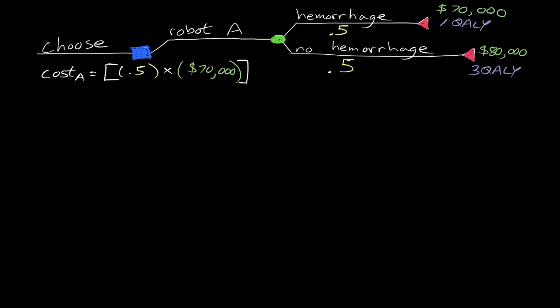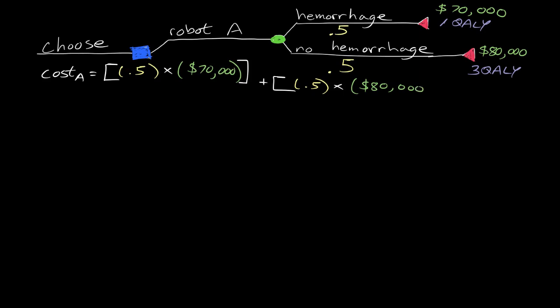Now the goal here is to take these 2 costs and these 2 qualities at the end of the robot A branch and average them back into a single cost for robot A. So I have it listed here as the cost of A. And you can see here what I'm doing is I'm multiplying by 0.5, but remember that multiplying something by 1/2 is the same as dividing it by 2.